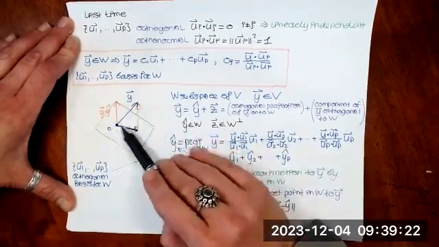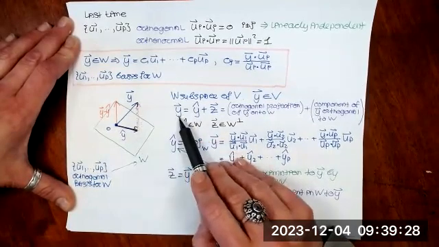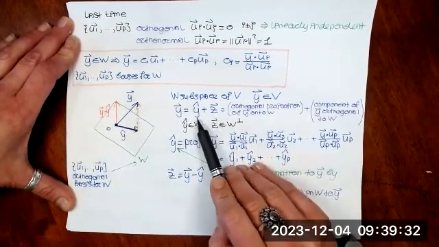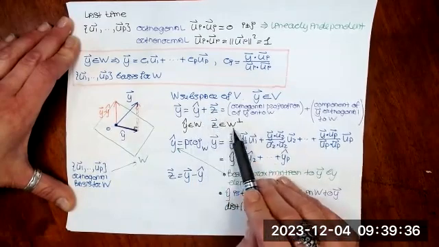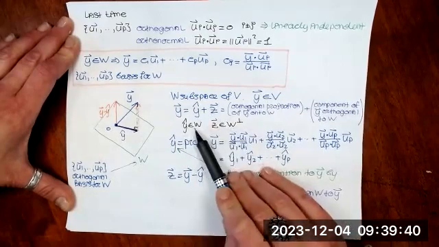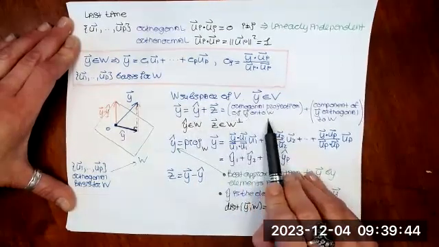So y is not necessarily in W, but what I can do is always decompose my vector y into the sum of two vectors, where one vector is in W, and another vector is in the orthogonal complement of W. And my vector that's in W, I'm calling the orthogonal projection of y onto W.